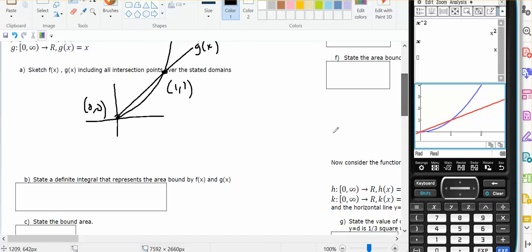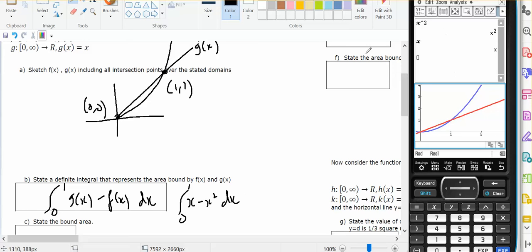So definitely we will represent the integral from 0 to 1 of top curve, which is g of x minus f of x dx, or you could write from 0 to 1, top curve is x minus x squared dx.